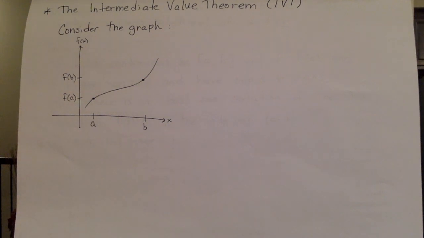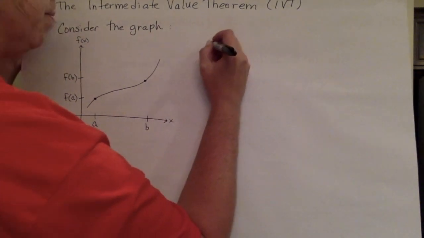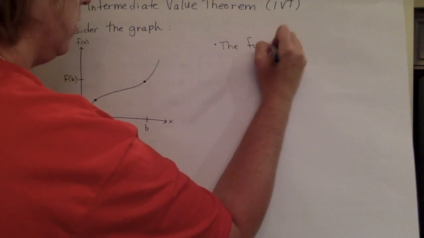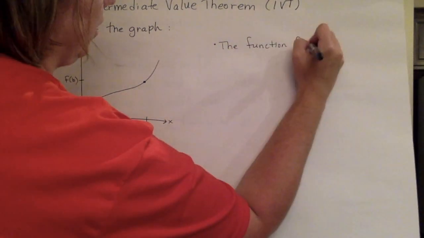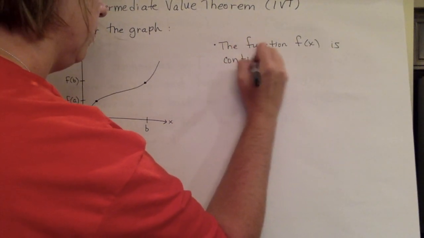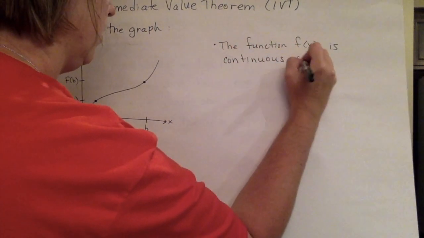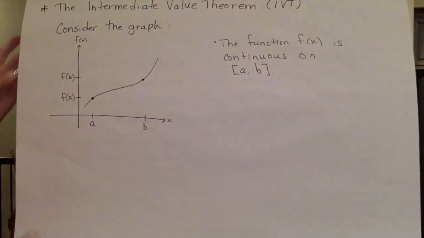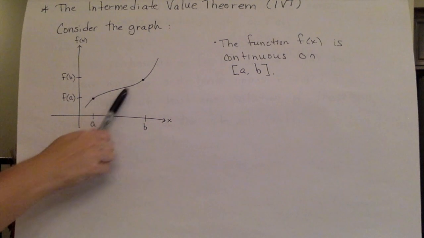And we're going to make some observations about this graph. First, the function is continuous. So let's start there. The function, f of x, is continuous on the interval from a to b. I think that's pretty obvious by looking at our graph.